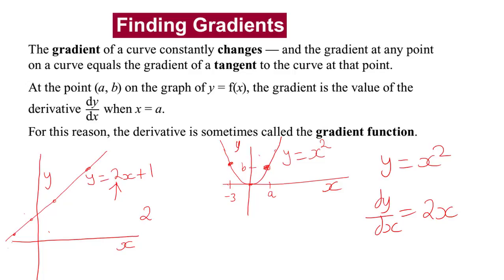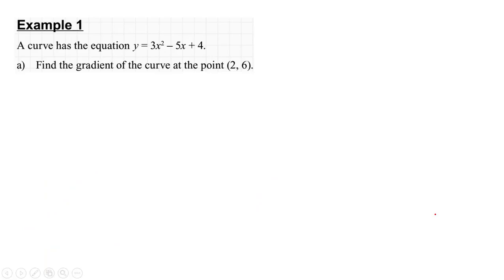So you're going to see that the gradient is going to be negative because if you do 2 times negative 3, you're going to have negative. So that's going to be negative there, okay? On this side, let's pretend that x is 5 there. Then you can see that the gradient is going to be positive 10. So 2 times 5. So when it comes to curves, we talk about gradient functions because you still have x there, which means that the gradient depends on what x is, okay?